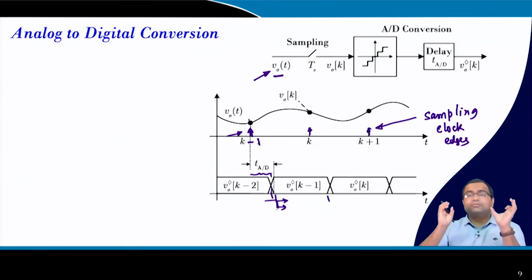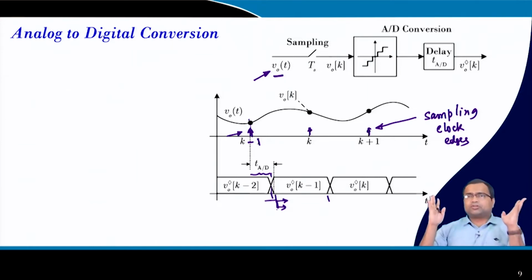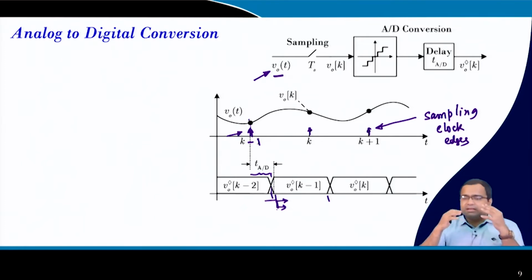That means we need to take into account this delay, and this delay can vary depending upon what type of ADC you are talking about, what is the sampling rate of the ADC. And there are various types of ADC, like you can have a successive approximation type ADC, you can have pipeline ADC, you can have flash ADC. The flash ADC may have the least delay, but it is generally not preferred because it requires an impractically large number of comparators. Okay, or you can have serial ADC, parallel ADC.